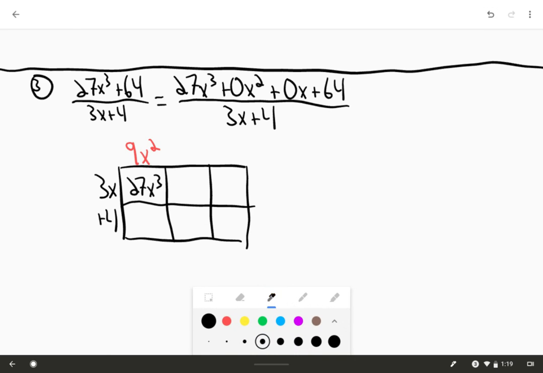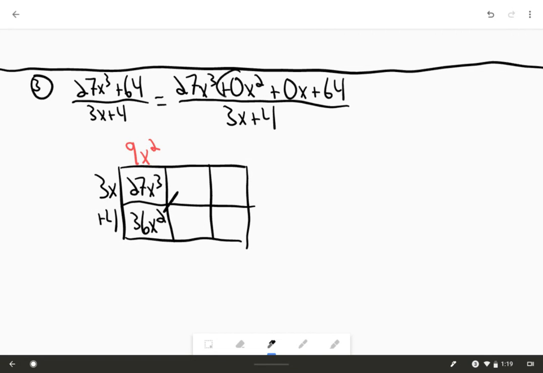Okay, now I'm going to finish out the first column. So 4 times 9x squared, that's going to be 36x squared. Okay. Now I'm going to look at the diagonal. I have 36x squared, but I need 0x squared. So in order to get 0, I need to make this a negative 36x squared, because 36 and negative 36x squared will cancel out and you'll be left with 0.